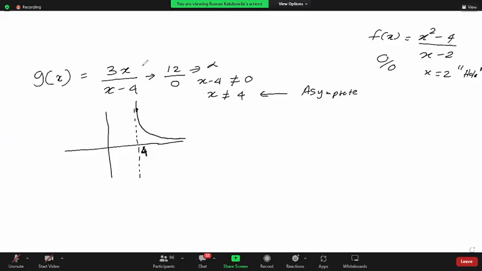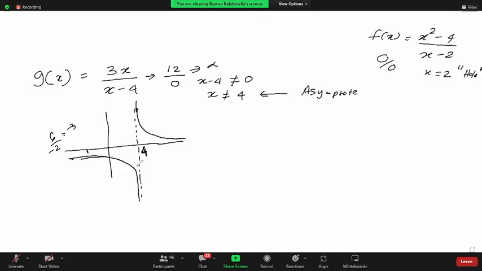Okay. 6 divided by minus 2 is equal to minus 3. Then you are playing at this end, coming very near to the number 4, and it goes to infinity. You come from this end. So if you try to plot the graph of this function, it should look like that.